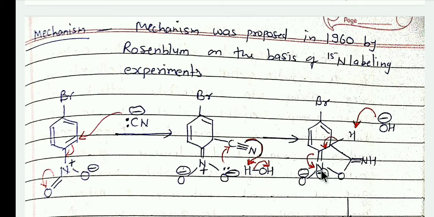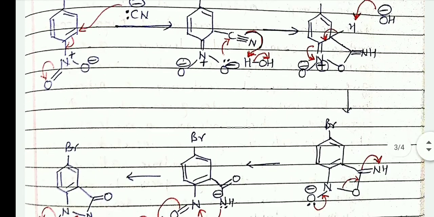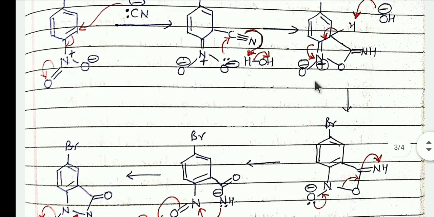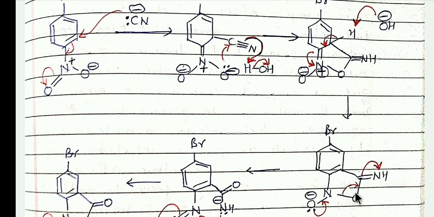Here this nitrogen is positively charged, so the bonding electrons are displaced from this carbon to this nitrogen atom, and this carbon becomes positively charged. This positively charged carbon and this negatively charged carbon atom form a covalent bond, and this nitrogen becomes neutral. So we get this type of structure.